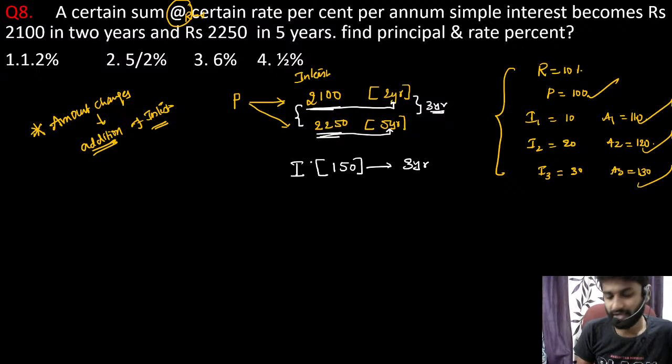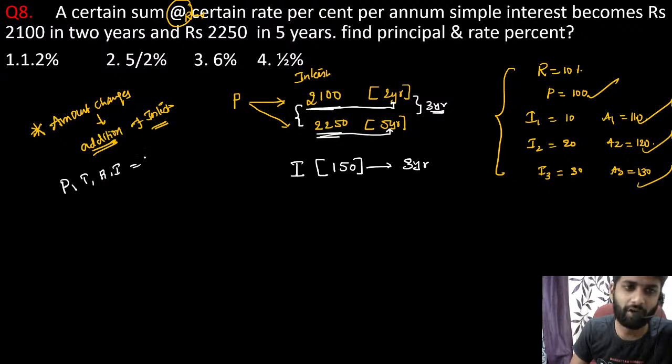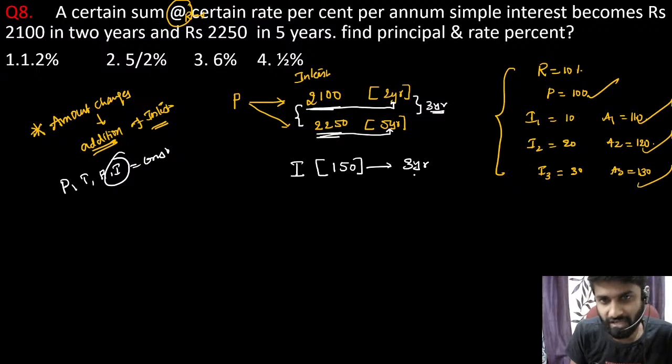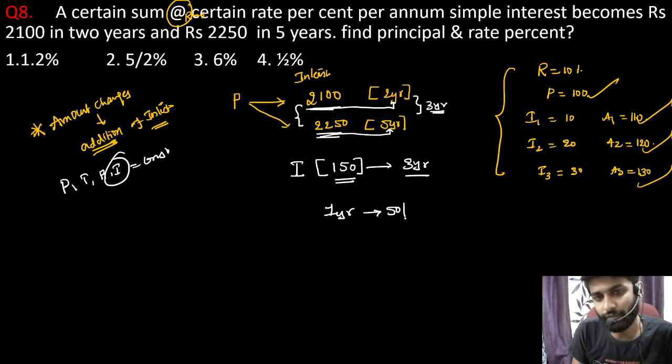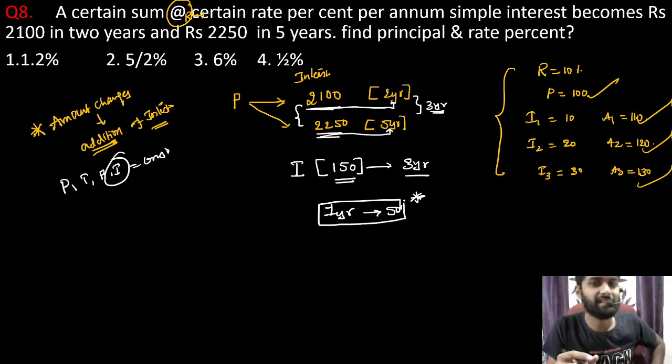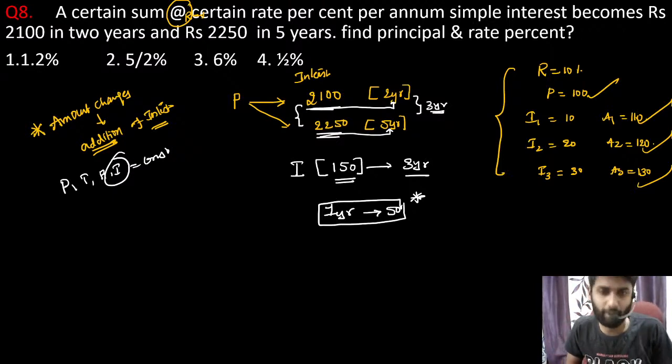One more important thing: we already know that every year all the parameters are always constant. So interest is always constant. For 3 years, 150 rupees. For 1 year, the interest is equal to 50. This is the second important point.